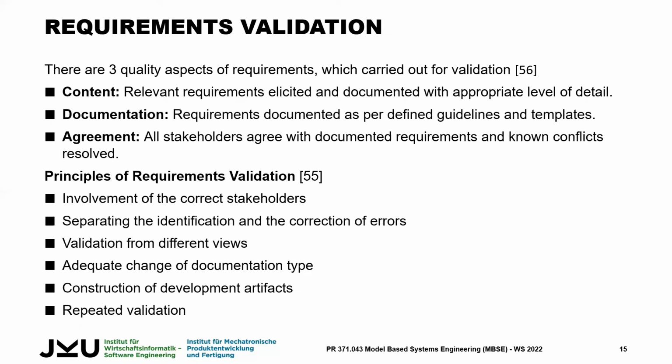Okay, so as I have told you, there are 2 key things: verification and validation, and requirement elicitation. I will just give you a small overview of how this actually works. There are 3 quality aspects of requirements: the content, documentation, and agreement.